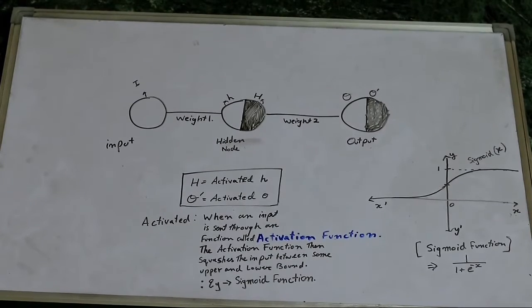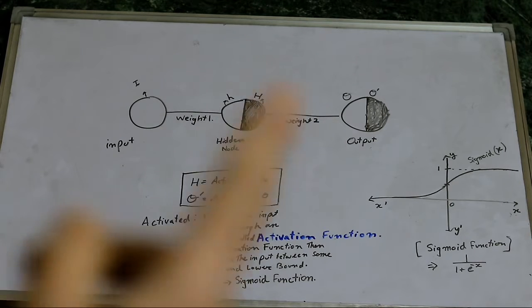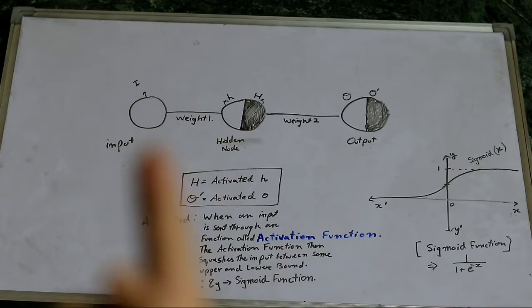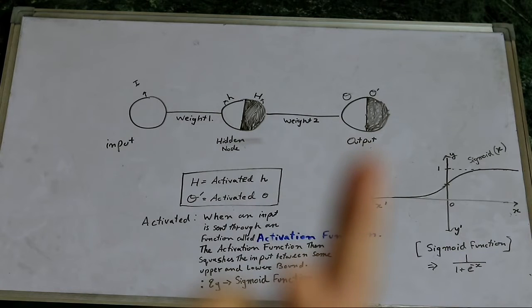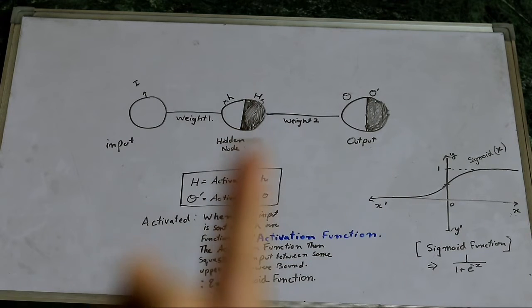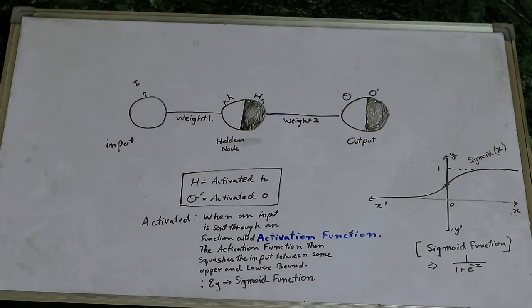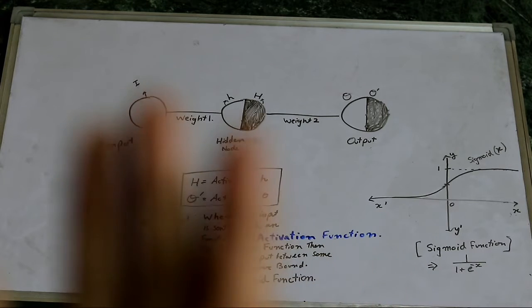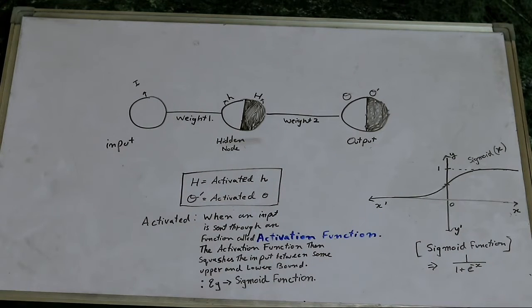As you can see, I've written lots of things on the board, but don't worry. We'll be taking a smaller example. You can see we have one input, one hidden layer, and one output, and the hidden layer has one hidden node. I will specify the input with I. The hidden node and output are divided into a dark and a white side.